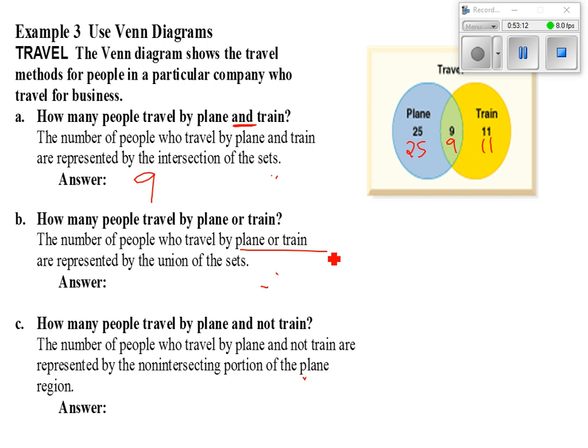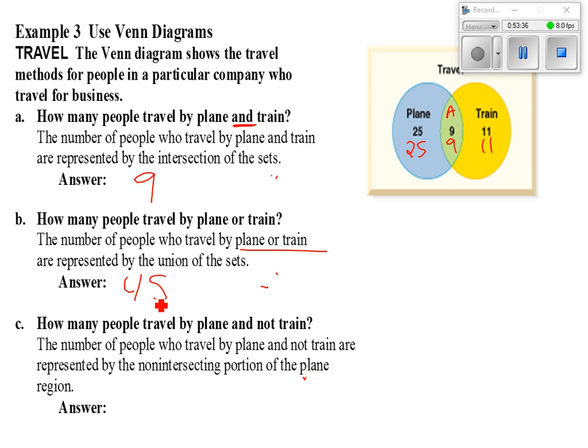Just because Ann travels by plane and train, does she still make this a true statement? Yeah, because she travels by one or the other. Well, she actually travels by both, but she still makes it true. So this time, it's all of them, 45.